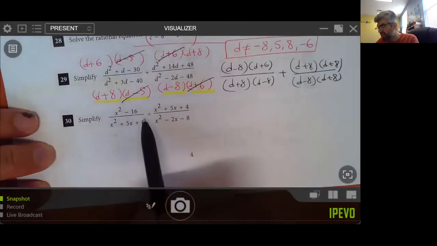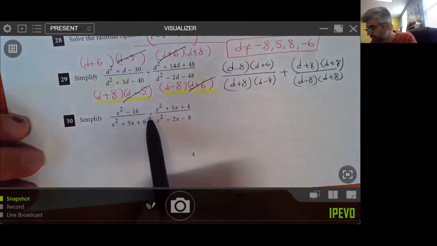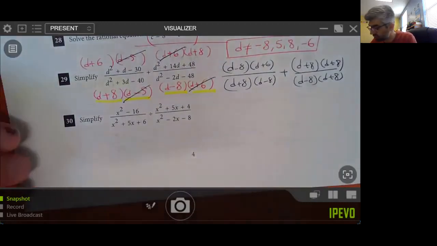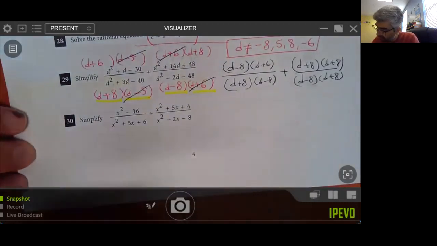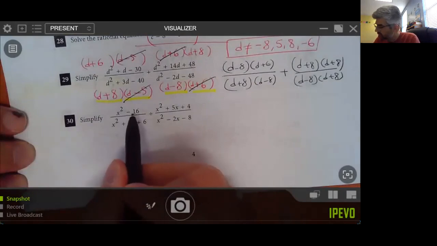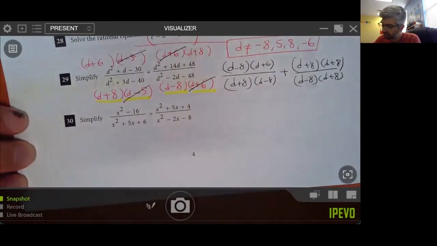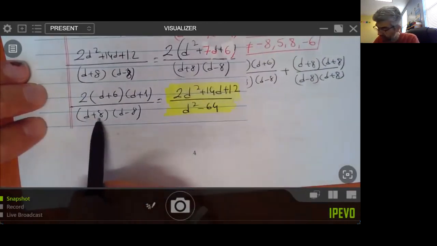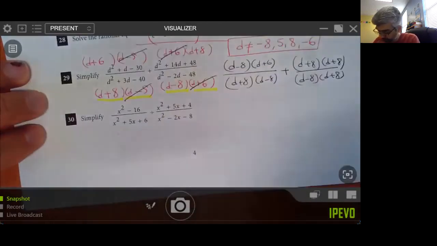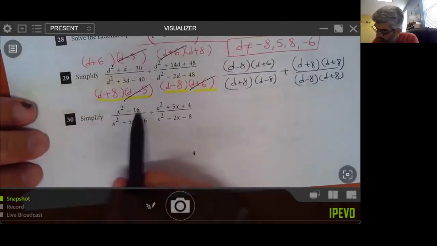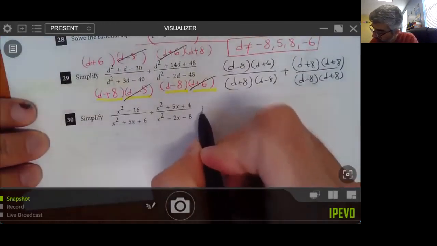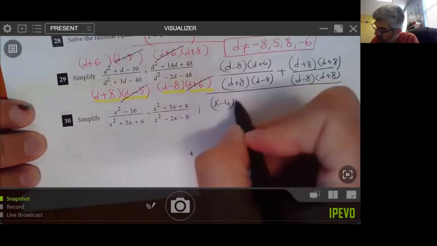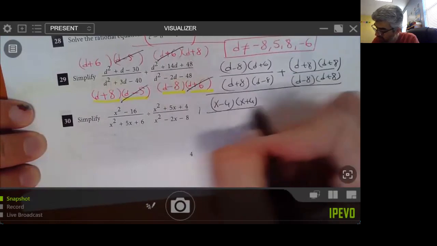So again, find the factors and multiply the first fraction by the reciprocal of the second one, since it's a division. So x squared minus 16. This is what I did here. D squared minus 64 is D plus 8 times D minus 8. Sorry. X squared minus 16 can be written as x minus 4 times x plus 4 over.